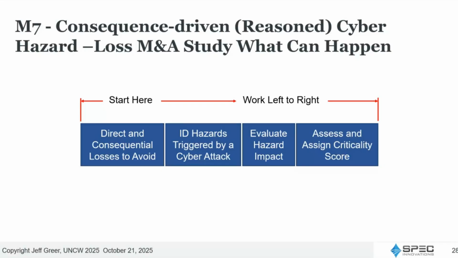What can happen. So when you think about it, you're gonna want to identify the direct and consequential losses to avoid, right? And then you want to ID the hazards that can be triggered by a cyber attack. Then you want to evaluate the hazard impact, and then you want to assess the impact and assign a criticality score. And basically, you're going to want to rank them high to low.